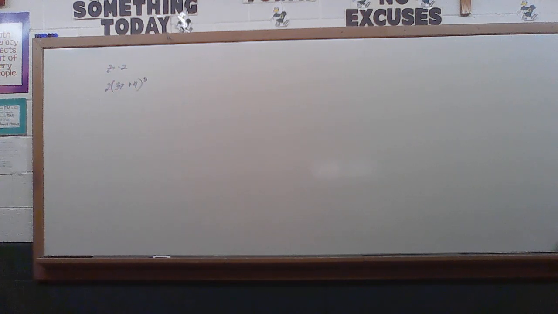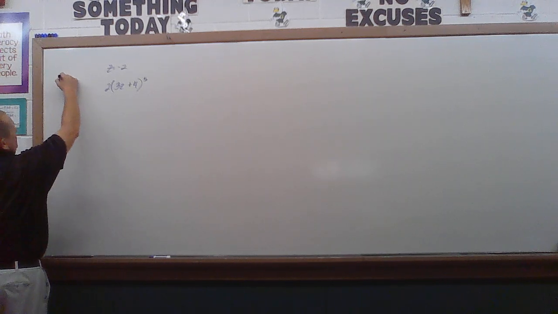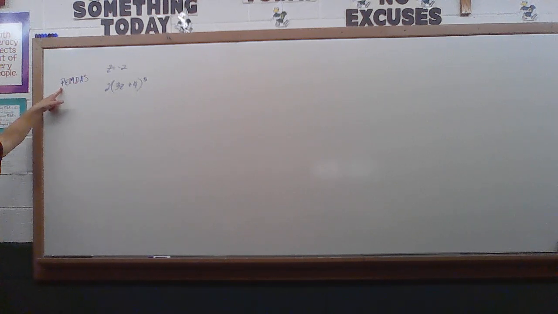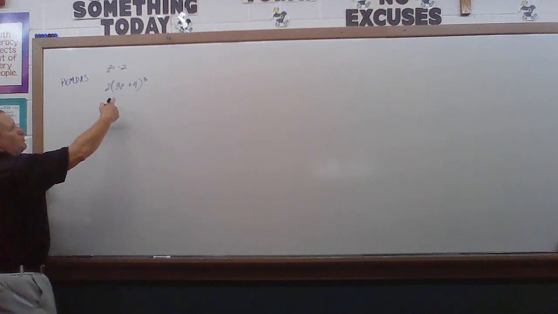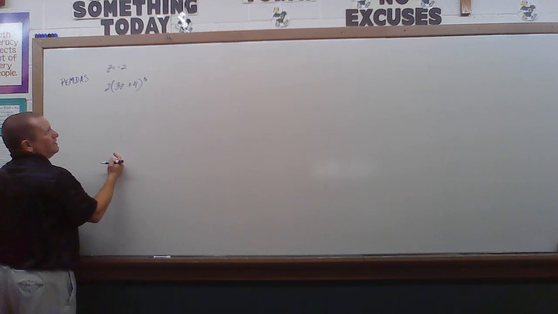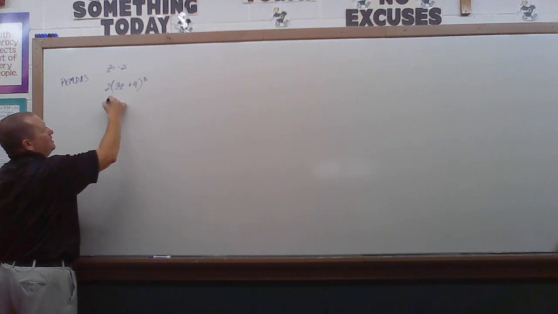So again, now we're going to go back to the order of operations, or PEMDAS, right? That's really important that we remember this now. So in PEMDAS, it says that we always have to start inside parentheses. So we're going to go inside and try to simplify. Can I take 3z plus 4? Not really, right? So I'm going to simplify by doing, what does 3z mean?